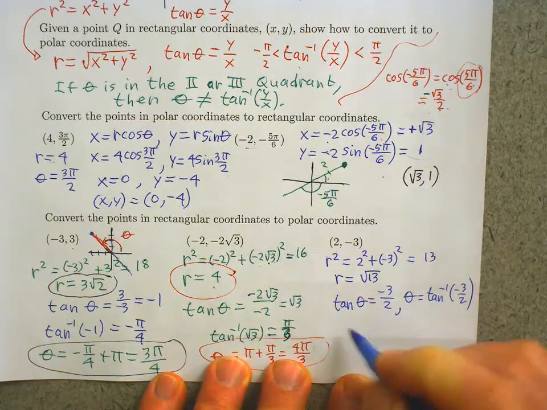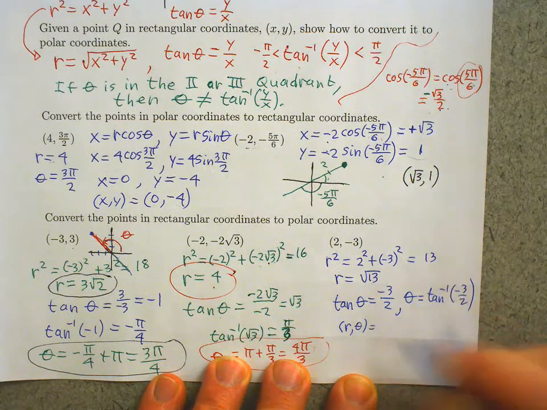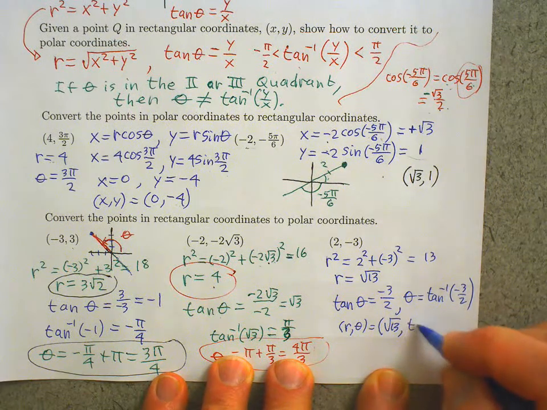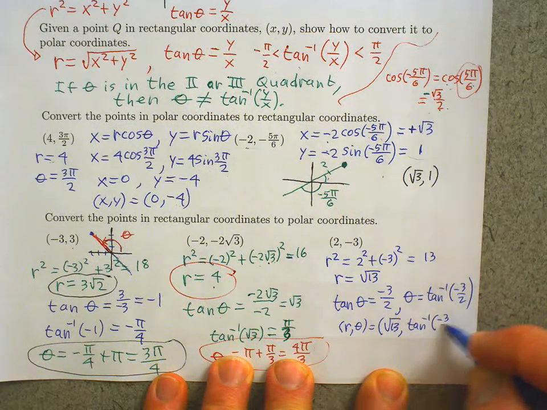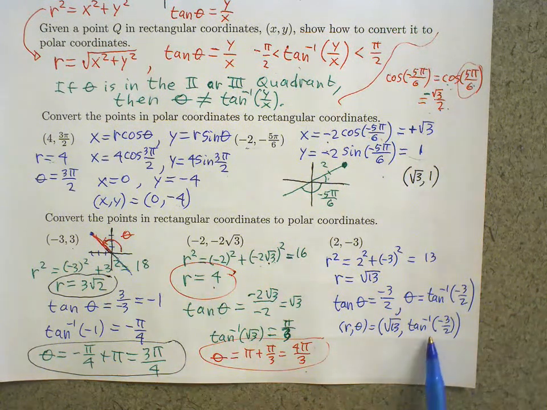And so the r theta coordinates are the square root of 13 for r and inverse tangent of -3 over 2. If you don't like the negative angle, you could just add 2 pi to it. That will give you a positive angle.